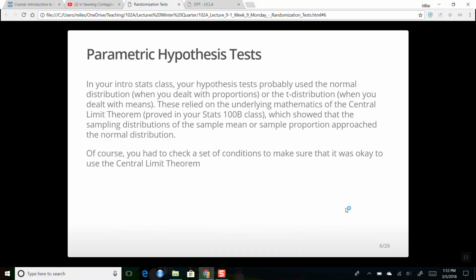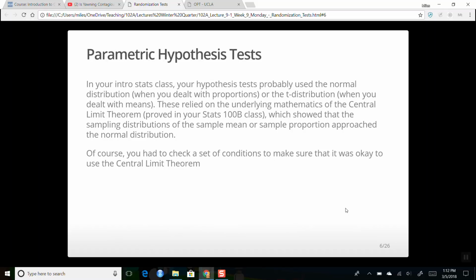The key thing in all of those tests was the use of the t distribution, or the normal distribution, in your intro stats class. And that depends on something called the central limit theorem, which basically says that the sampling distribution of a sample mean follows the normal distribution. And you probably learned that there were some conditions that had to be true in order to use the central limit theorem.